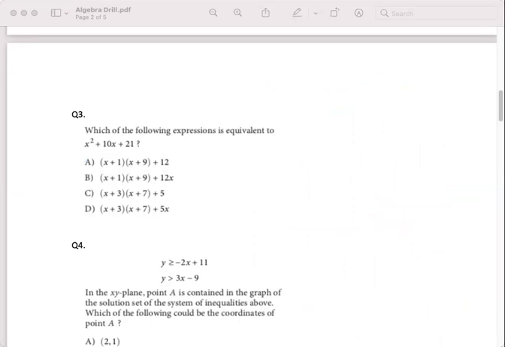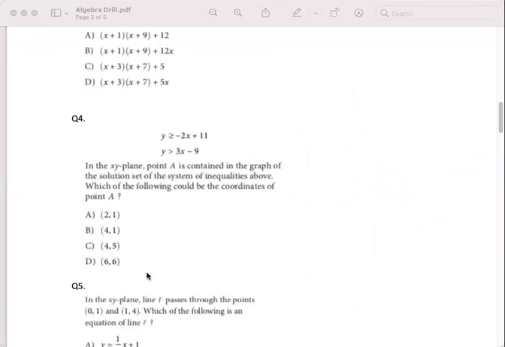Okay, question 4. In the xy plane, point A is contained in the graph of the solution set of the system of inequalities above. Which of the following could be the coordinates of point A? Okay, so I can actually just work with the options. So let me start with option A, 2, 1.